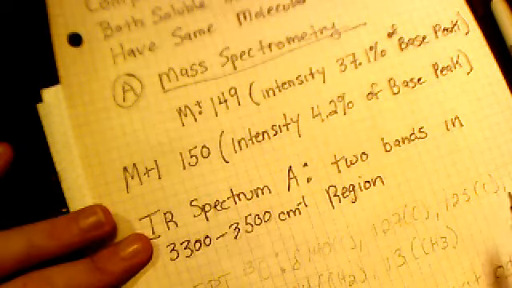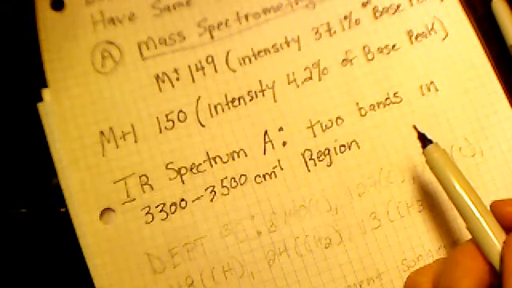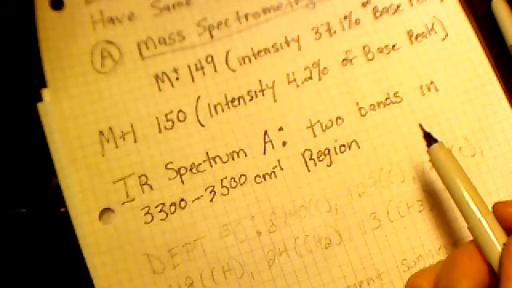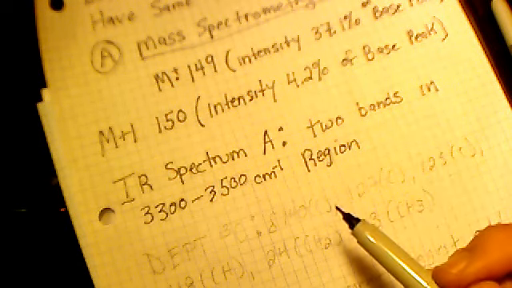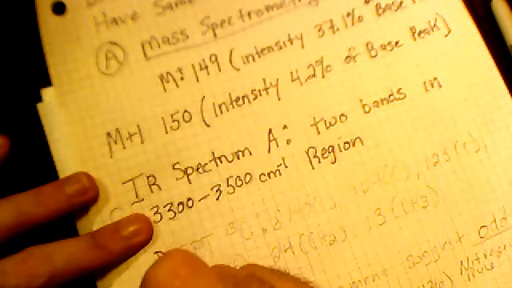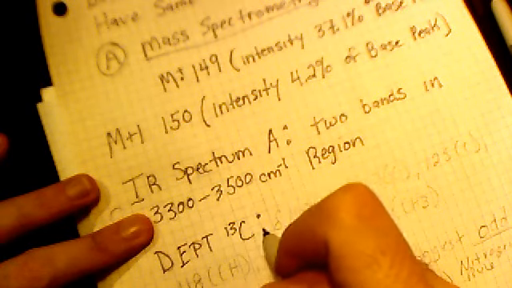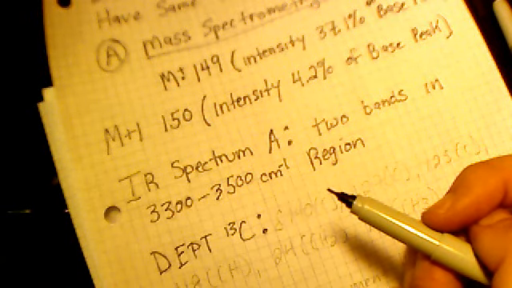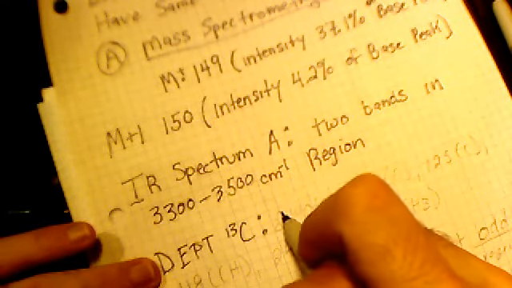And then they give us the carbon-13 data, the DEPT data, which is a little confusing. The DEPT carbon-13 data gives us the carbons and their chemical shifts, which tells us how close they are to electronegative atoms, and also how many hydrogens they have attached.